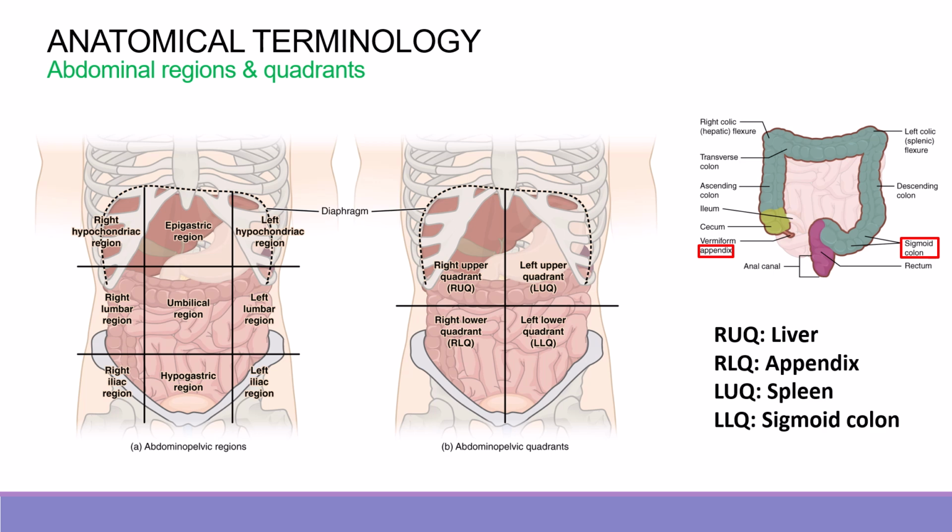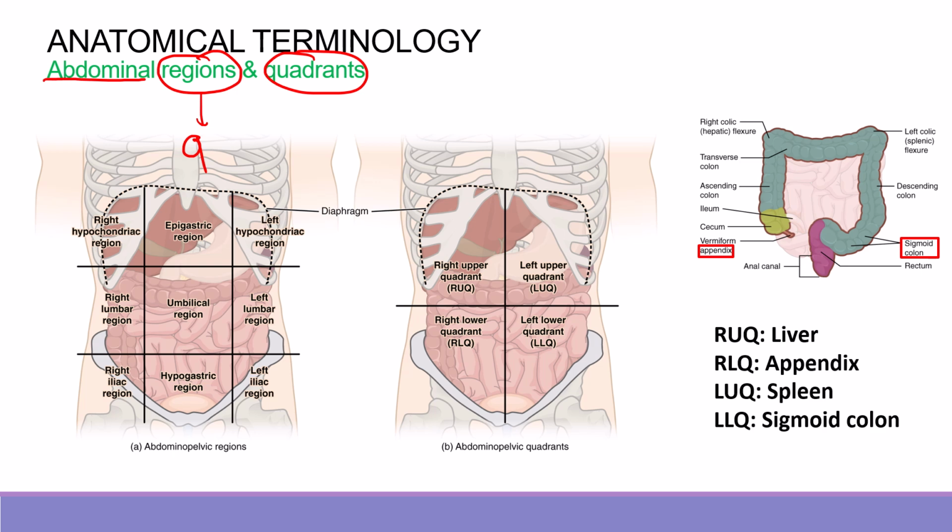If you look at the abdomen, it can be divided in regions or quadrants. The regions are sometimes known as abdominopelvic regions because they do not necessarily just stick with the abdomen, but they cover parts of the pelvic region. So sometimes they're called abdominopelvic regions. And there are 9.